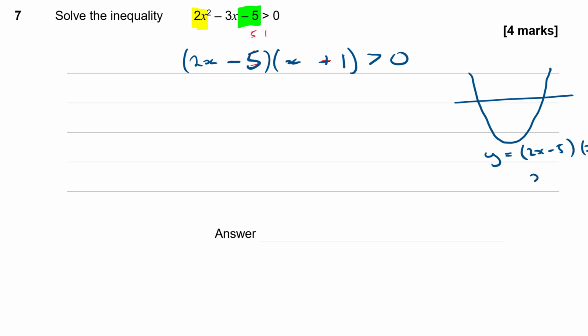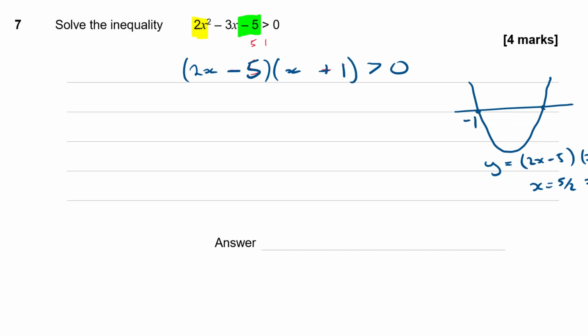In other words, when x equals 5/2, or 2.5, and the other one I'm going to get where x is -1. So looking at this graph then, this point on the left must be -1, and this point on the right must be 5/2, or 2.5.